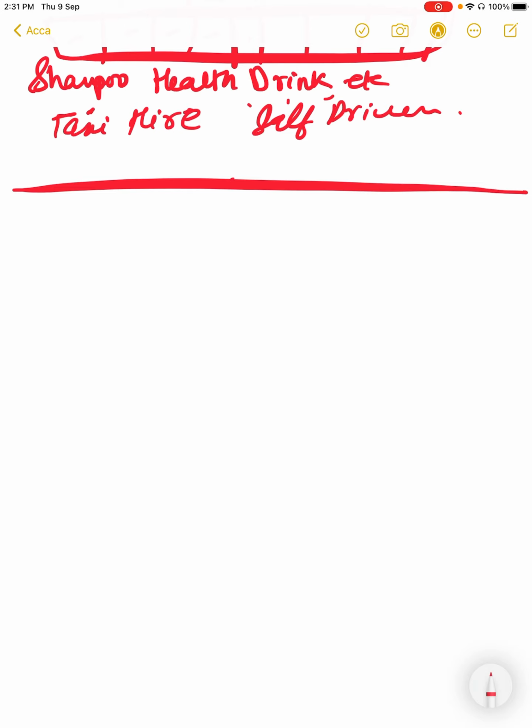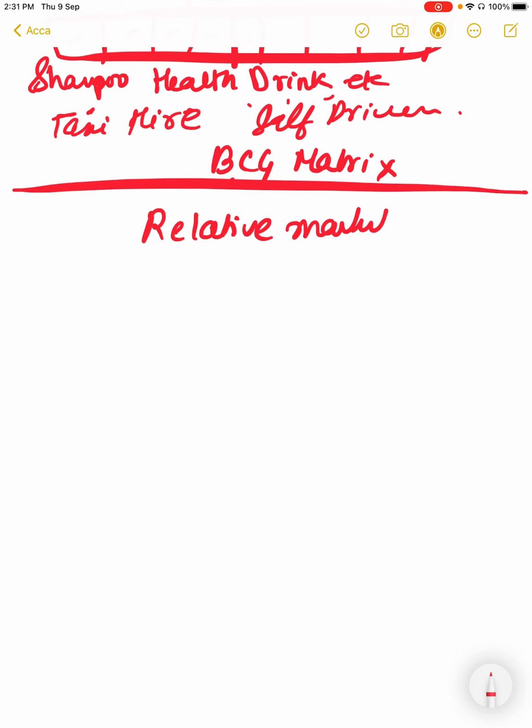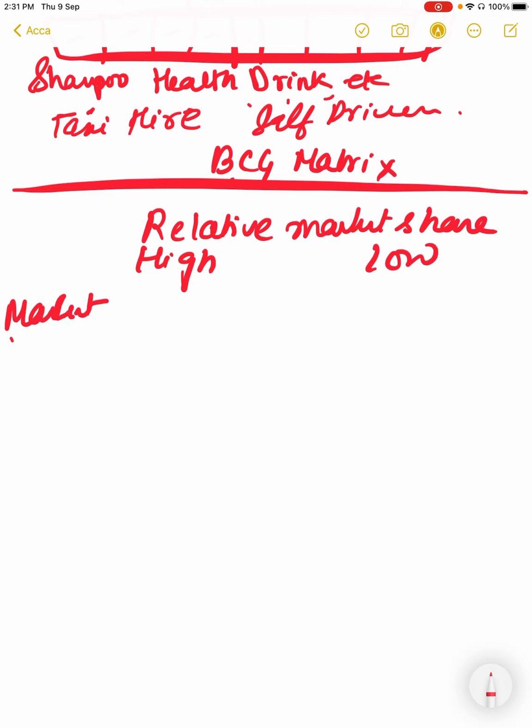Now I'll give you an example of a BCG matrix. Here we have relative market share, high, low. Here we have market growth, high, low.